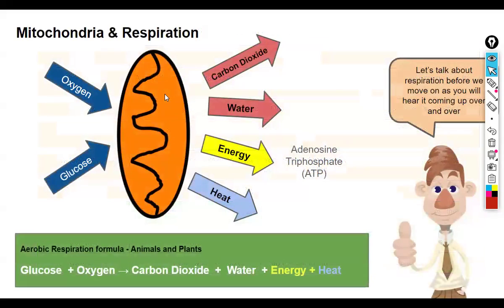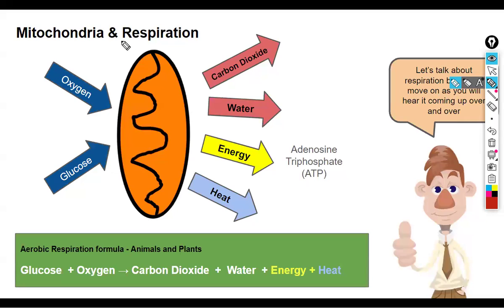All right, so let's talk a little bit about the mitochondria. Now, from the note that you just took down, remember the mitochondria lives inside of the cell, and the mitochondria makes energy. Without mitochondria, you will not have any energy right now.